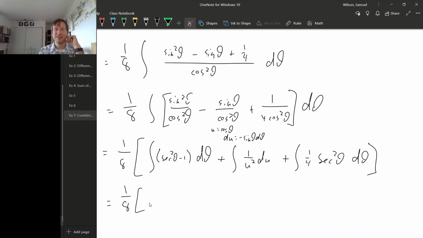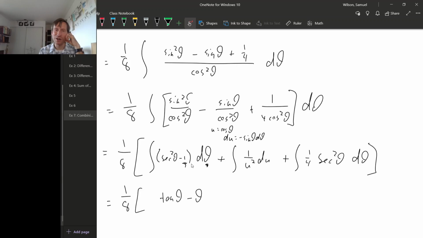In fact, we could combine some of these pieces. I won't, just because I don't feel like it right now. Integral of secant squared is tangent. Sorry, I'm integrating, I don't need to write the integral symbol again. Integral of secant squared is tangent theta, minus the integral of 1 with respect to theta. Be careful when your integrals have different variables that when you integrate a constant, you end up with the correct variables.